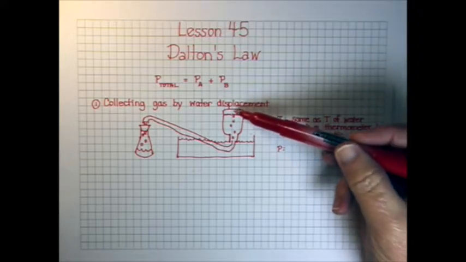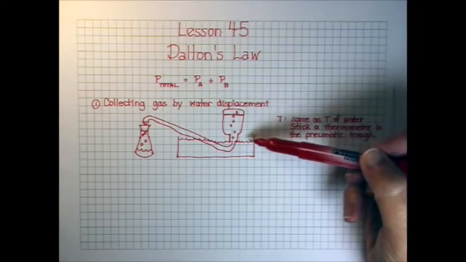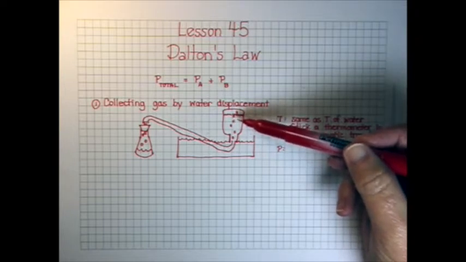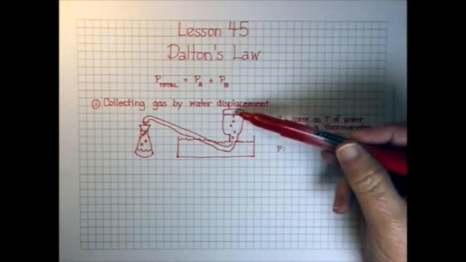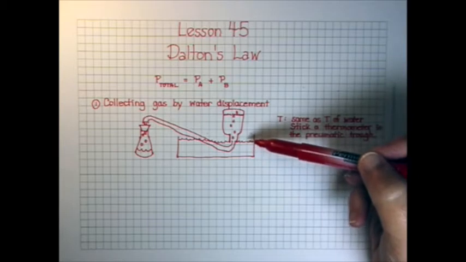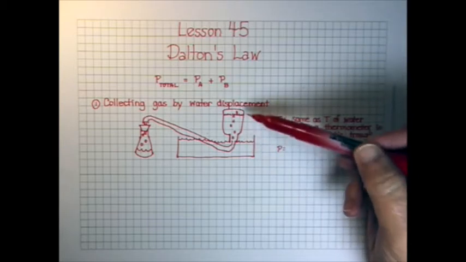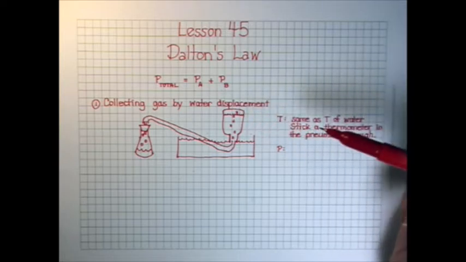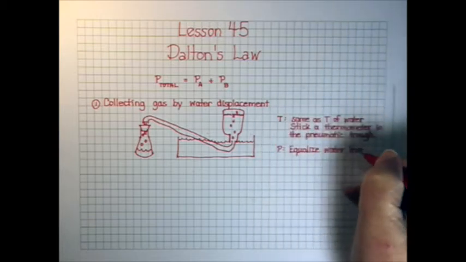If this pressure were lower, then the atmospheric pressure would push more water in. If it were higher, then the increased pressure in here would push more water out. So if the two water levels are even, then the pressures are even. Oh, all we have to do is measure the pressure in the lab.